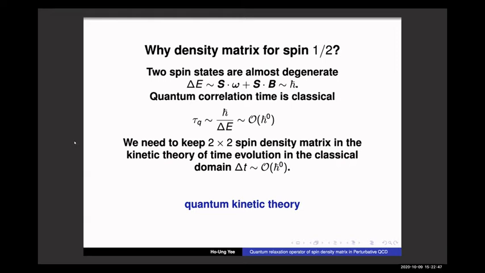So if we are looking at the time evolution in the classical time scale, this quantum correlation still exists in that time scale. So what we need is not just classical kinetic theory, but a quantum kinetic theory taking care of these quantum correlations existing in the classical time domain. That's the major idea behind this approach.